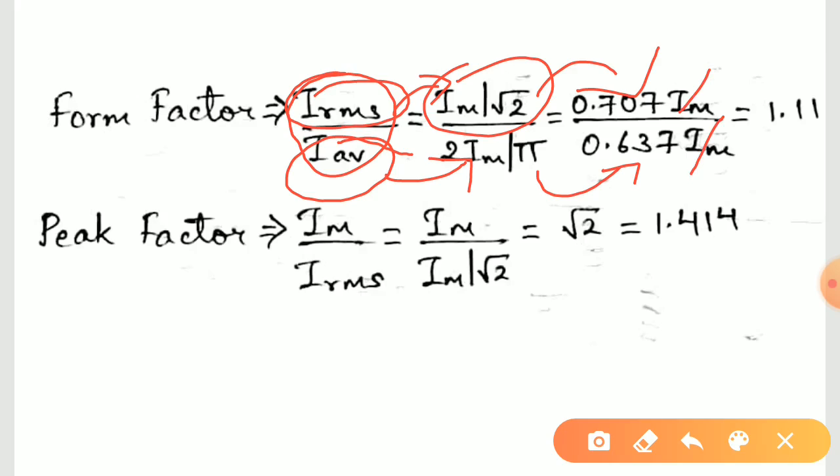Im in the numerator and denominator gets cancelled and we get 1.11. The value of form factor for a sinusoidal current is equal to 1.11.